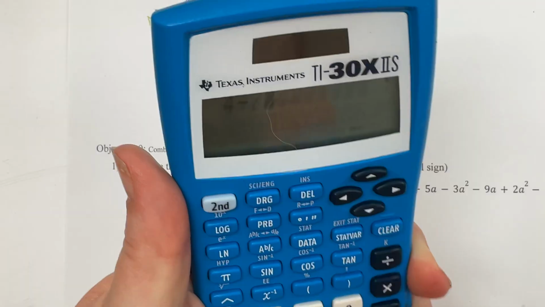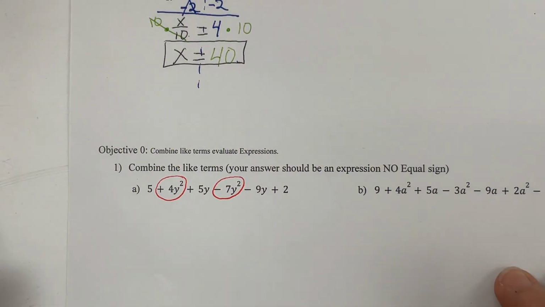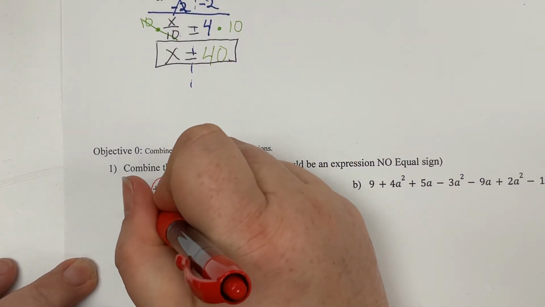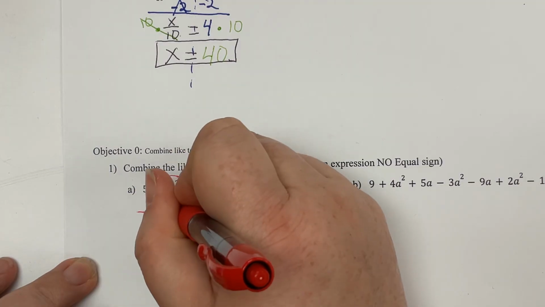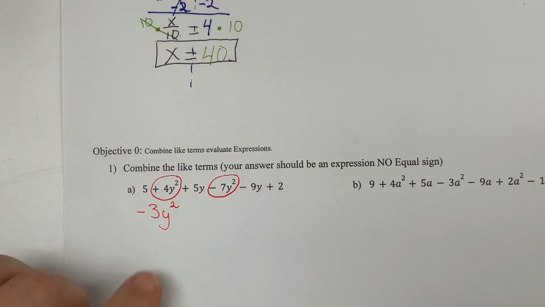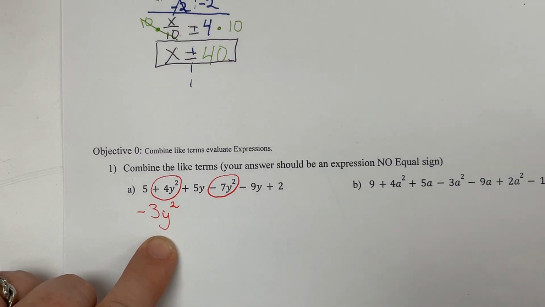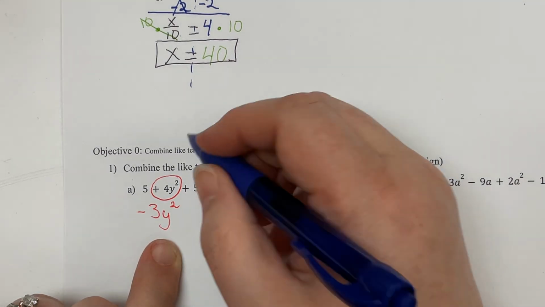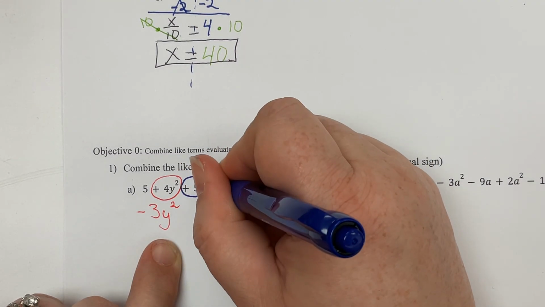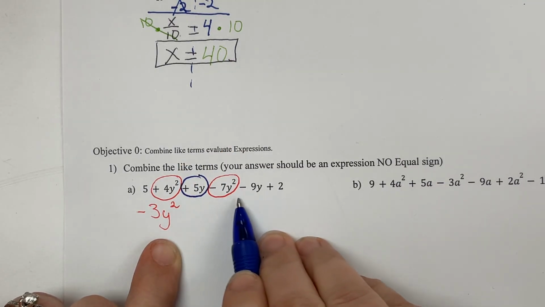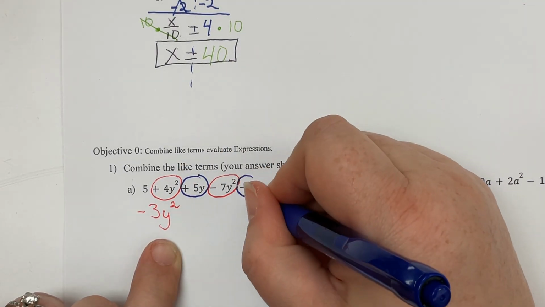4 minus 7 is negative 3, so negative 3y squared. Remember, I'm not doing anything with that y. Next, I'm going to look for y's. So let's see, I've got a 5y here.